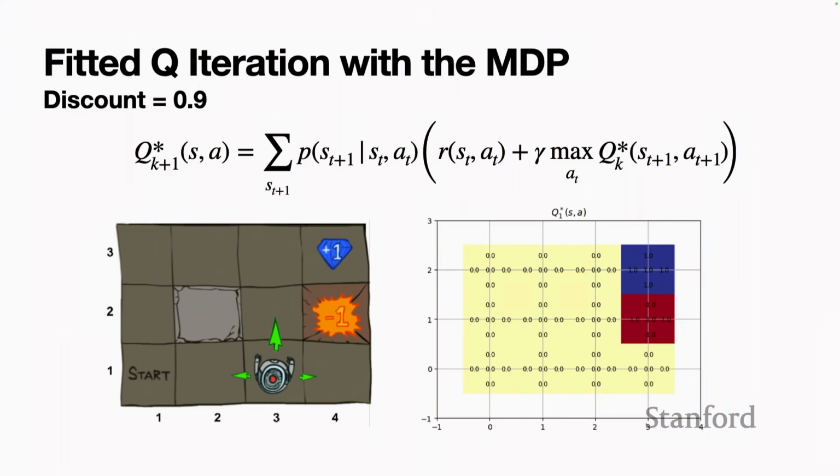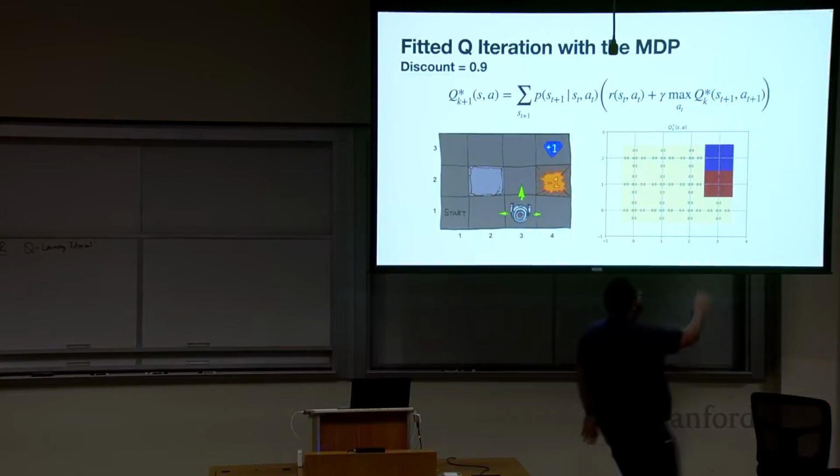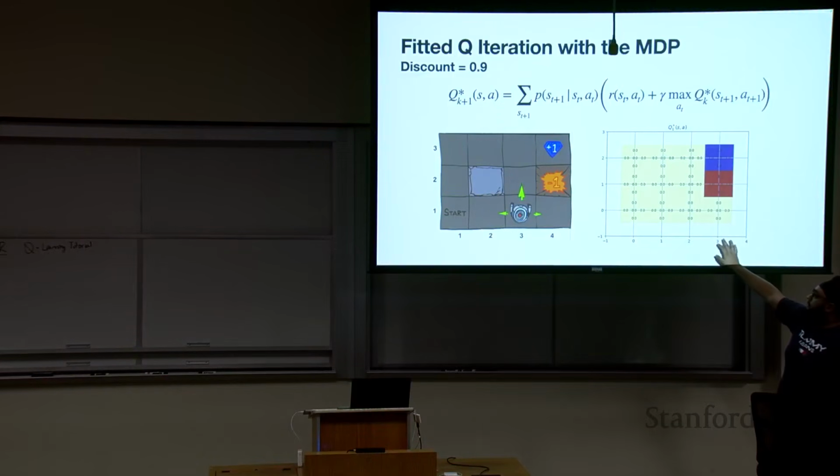So we'll start off with the Q value function defined as right here, where every state is going to be 0, except for the terminal states on the top right-hand side, where the top right corner is +1 because it gets a +1 reward when you terminate there, and -1 for this lava square.